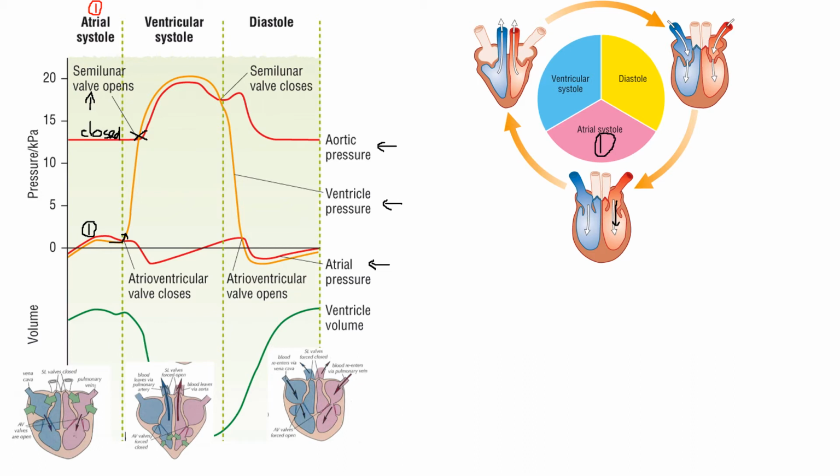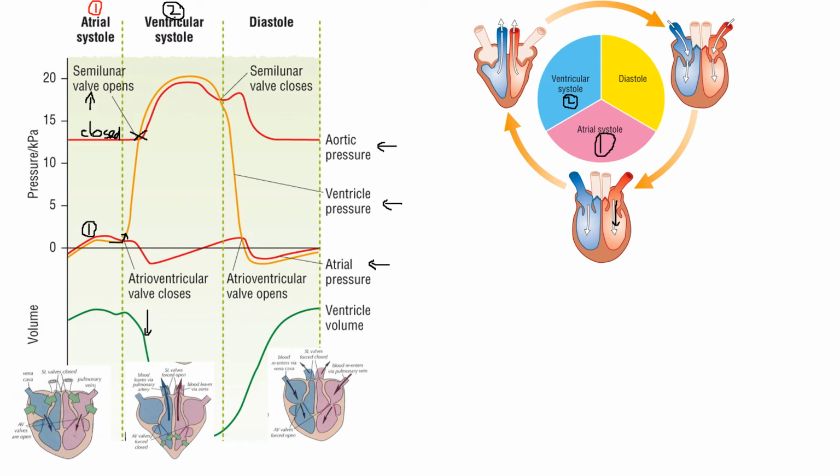So then we enter ventricular systole, which is when the ventricles contract. As I said, that means the ventricles are contracting, getting smaller, the volume is decreasing, which this green line would have shown if I hadn't covered it with a picture. And that means the pressure in the ventricles is going to rapidly increase as they contract greatly.